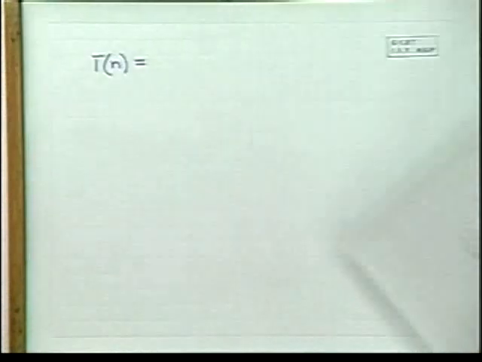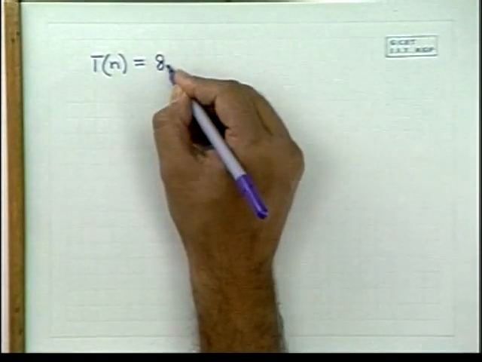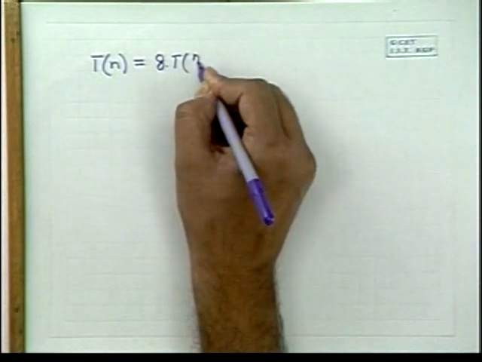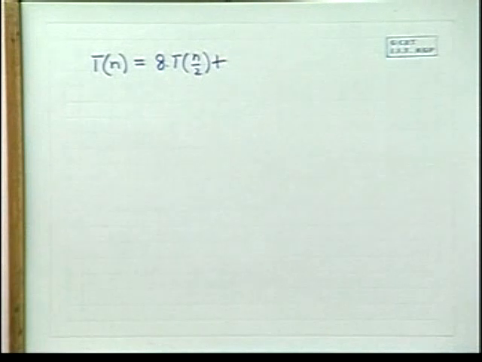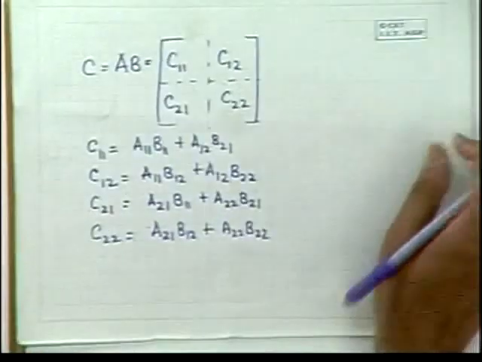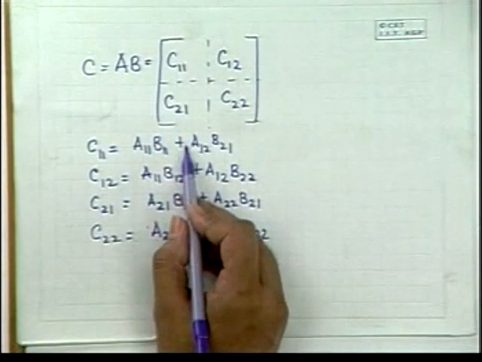So I can write then Tn is equal to 8 times T of n over 2 plus, let us go back again, we have this addition here.